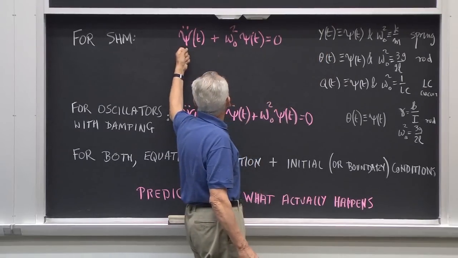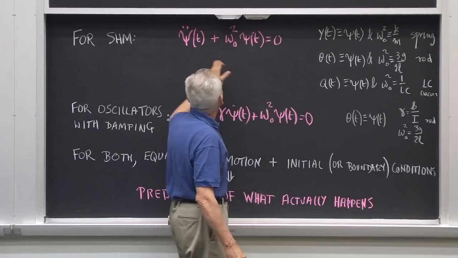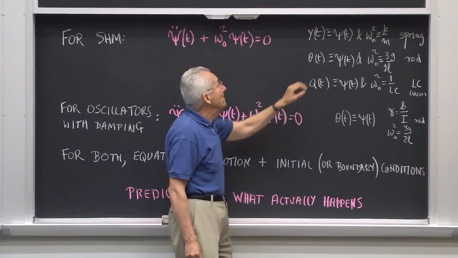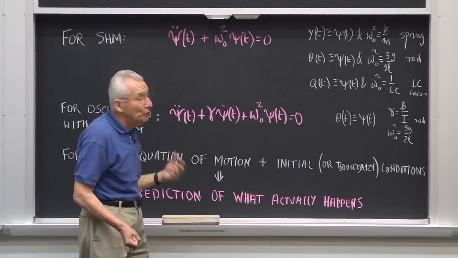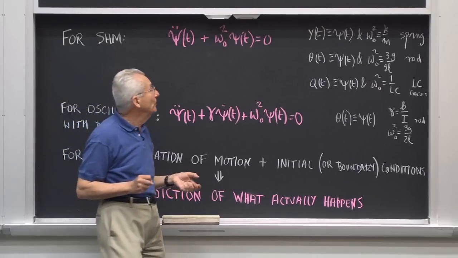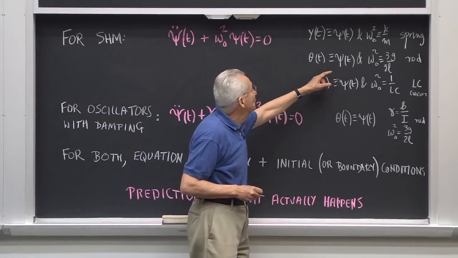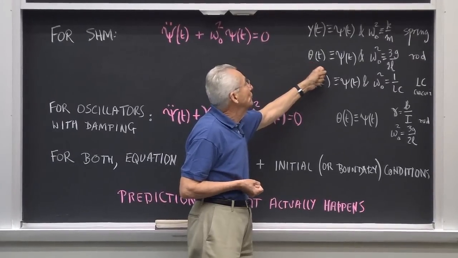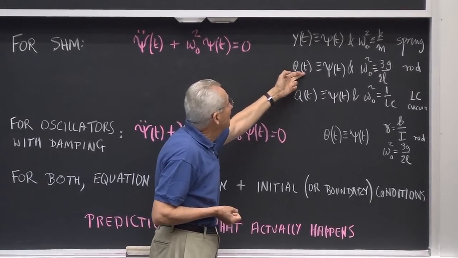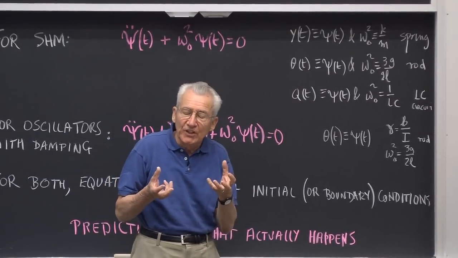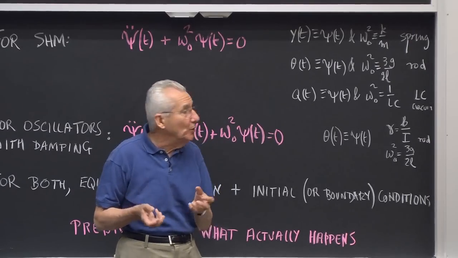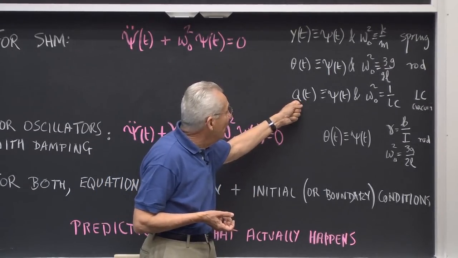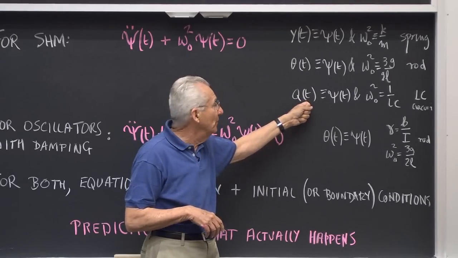So this equation was of this form, where the psi was a y. When we came to this oscillating rod, the quantity which was displaced from equilibrium was an angle. So this psi was a theta. In the case of the LC circuit, the quantity was a charge. So it was the charge which was displaced from equilibrium.